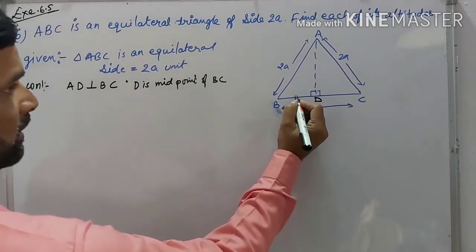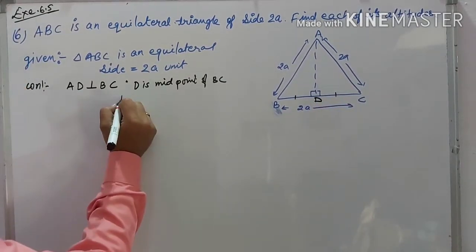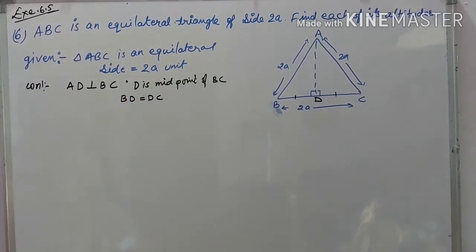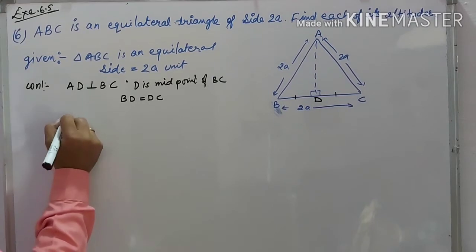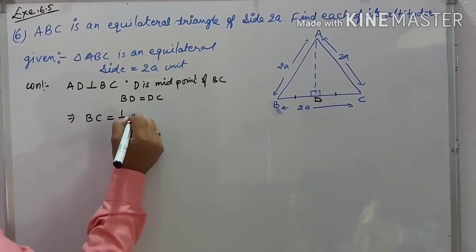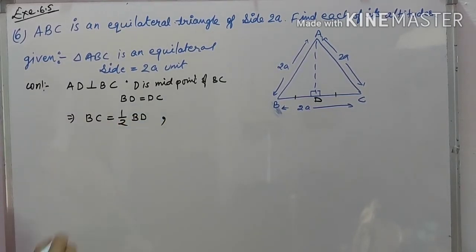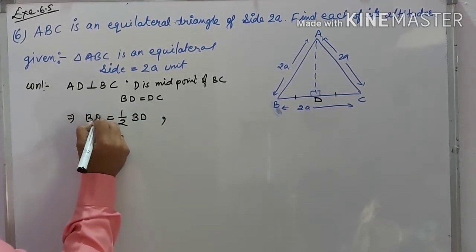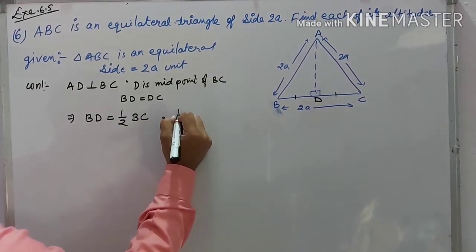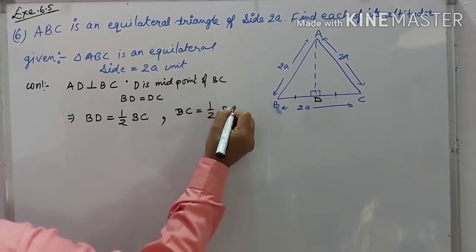So this part is equal to this part, which means BD is equal to DC. It means BD is equal to 1 upon 2 BC, and second, DC is equal to 1 upon 2 BC.